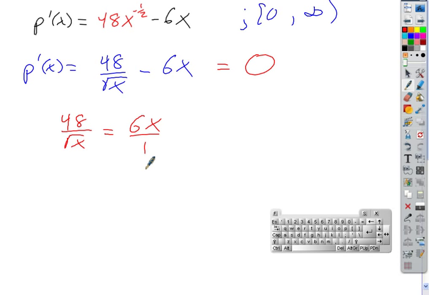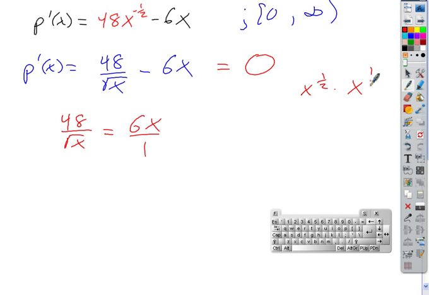If we cross multiply, I'm going to get the square root of x times 6x. That's the same thing as x to the 1/2 times 6x. Now what is x to the 1/2 times x to the 1? 3/2, right? When I multiply like bases, I add the exponents.